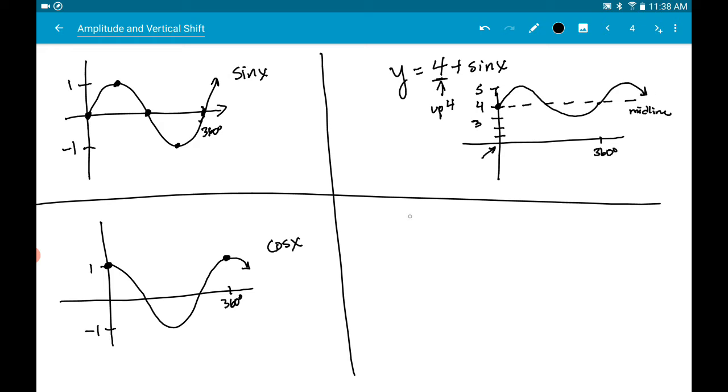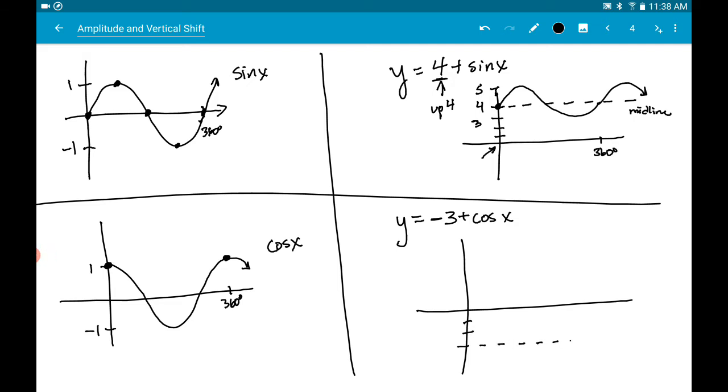Let me do another quick one with cosine. Let's say we have a negative vertical shift. Now we're working with cosine. Another way to do it is say, okay, that vertical shift tells me that my new x-axis, my midline, is going to be down here at -3. But let me switch to my color. Cosine doesn't start on the midline. Cosine starts at what I call a high point.